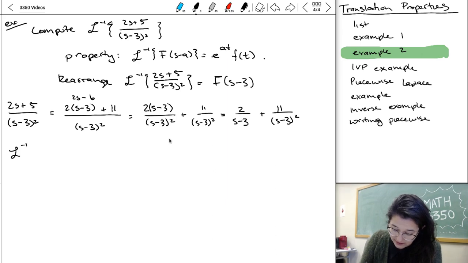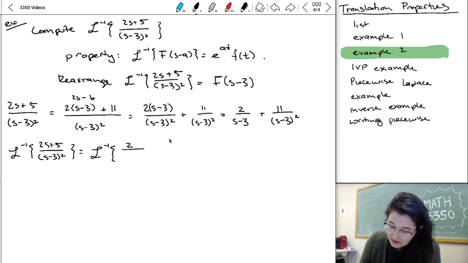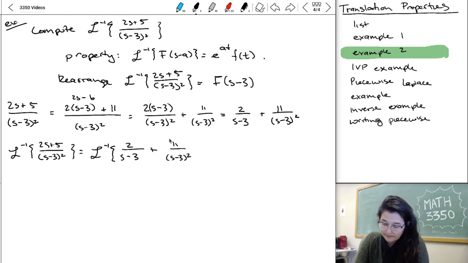So L inverse of that (2s plus 5) over (s minus 3) squared that I was given is the same as L inverse of 2 over s minus 3 plus 11 over (s minus 3) squared. And then I'll apply linearity, so this looks like things that I know the inverse Laplace of.